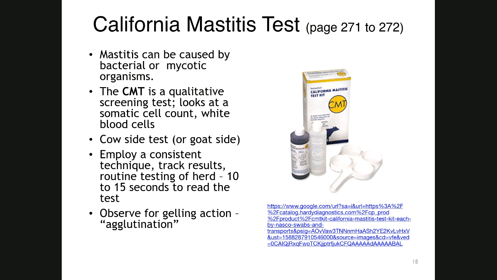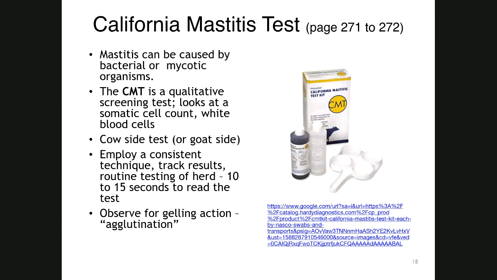California mastitis test, also known as CMT, in your VT 1011 course. This was mentioned a little bit, but mastitis can actually be caused by bacteria or mycotic or fungal organisms. The CMT is actually a qualitative screening test.